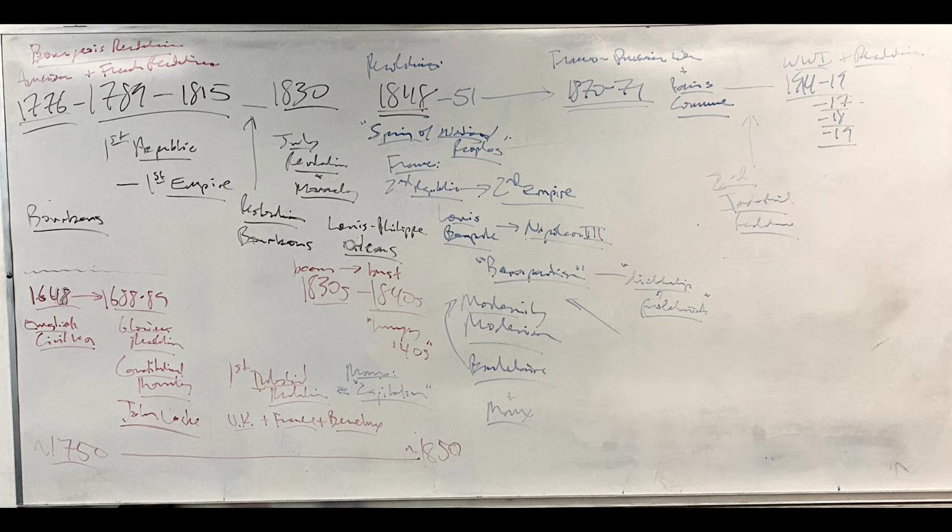So they had the February Revolution in 1848, and then there is what's known as the June Days of 1848, which is the massacre of the working class when they rise up. So why did the working class rise up in June of 1848? Because one of the things that they tried to implement, they had a socialist, Louis Blanc, as the Minister of Labor.